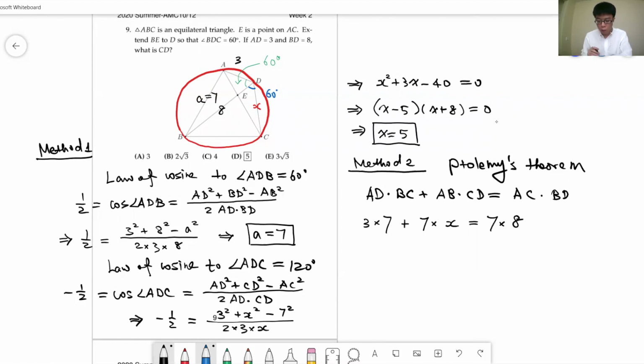That's given. So here we don't need to solve a quadratic equation. We just solve a linear equation: X equals 56 minus 21, divided by 7, which is 5. We also get 5. So we have two approaches to solve CD, but both depend on the law of cosines in the first step. That's the solution.